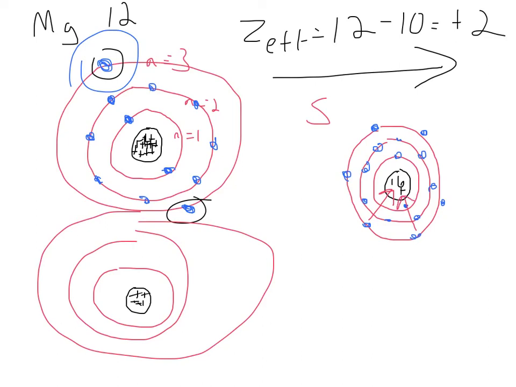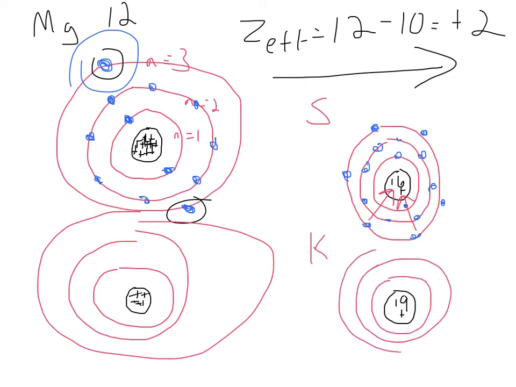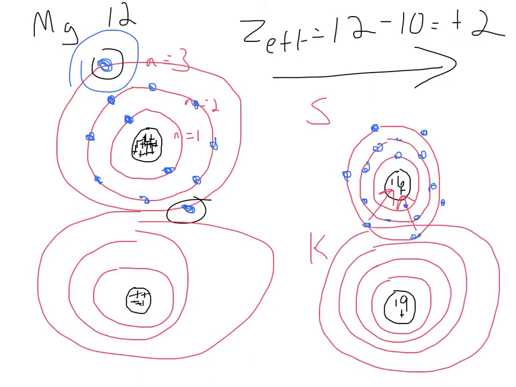As you move down the periodic table, let's take a look at potassium, where we have a total of 19 protons and 19 electrons. If we draw these electron shells, we have n equals 1, n equals 2, n equals 3, and then even an n equals 4, which is going to make potassium larger than sodium as well.